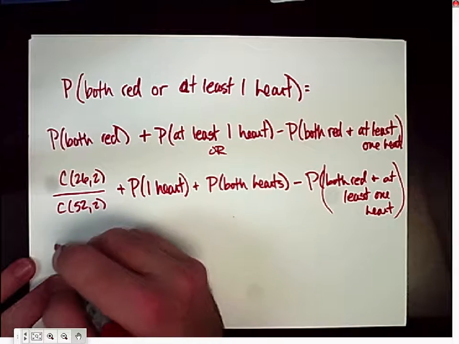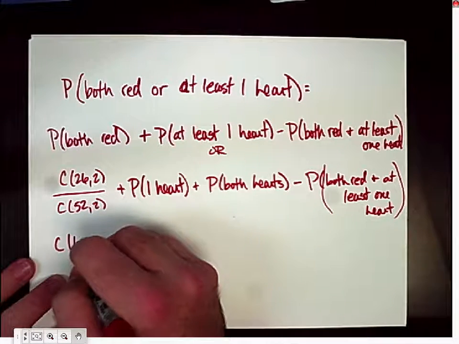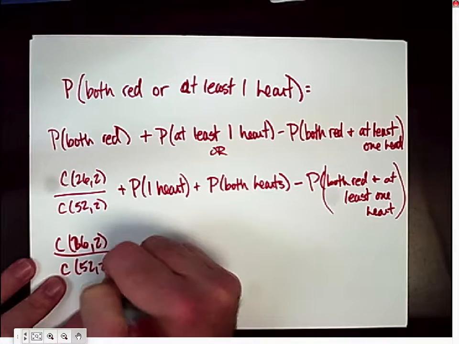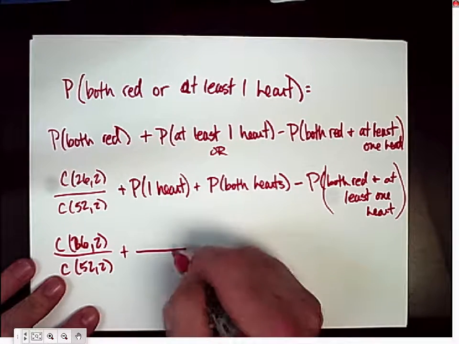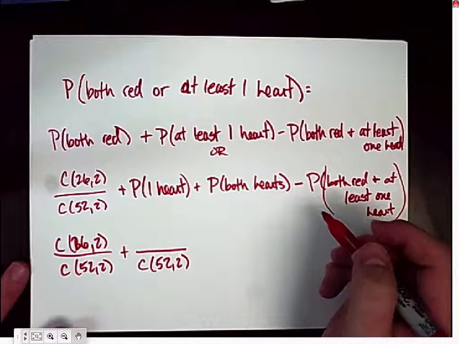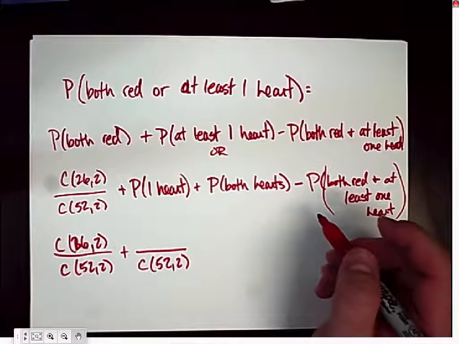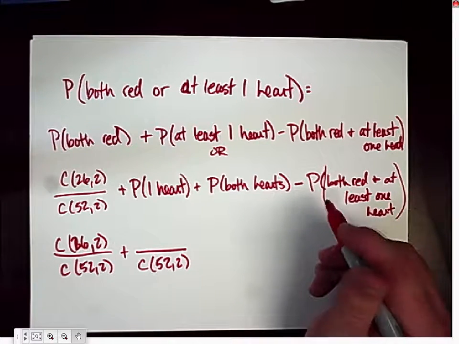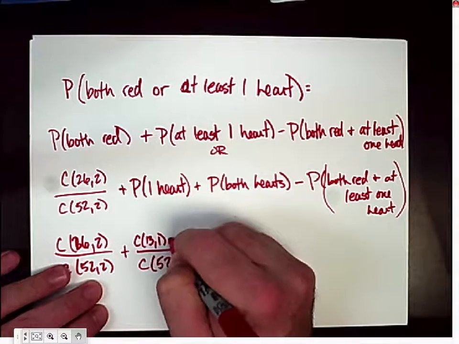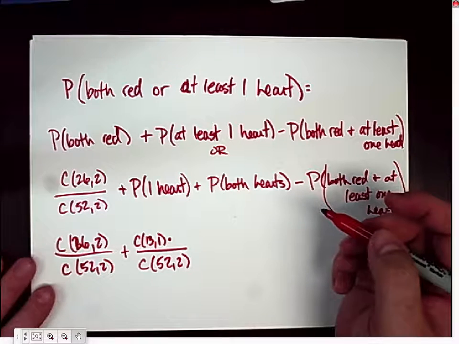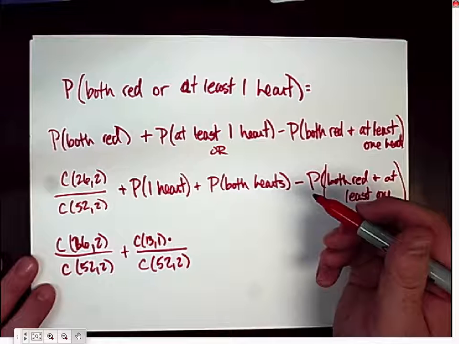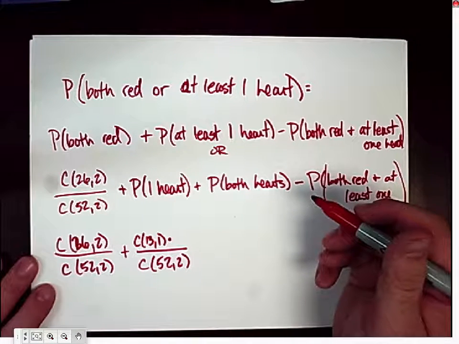Okay, so what's the probability of one heart? Well, on the bottom, we have this, always. So we're going to pick one heart out of how many? 13 hearts, right? So that's the combination of 13 choose 1 times how many cards are there that are not hearts? 39.